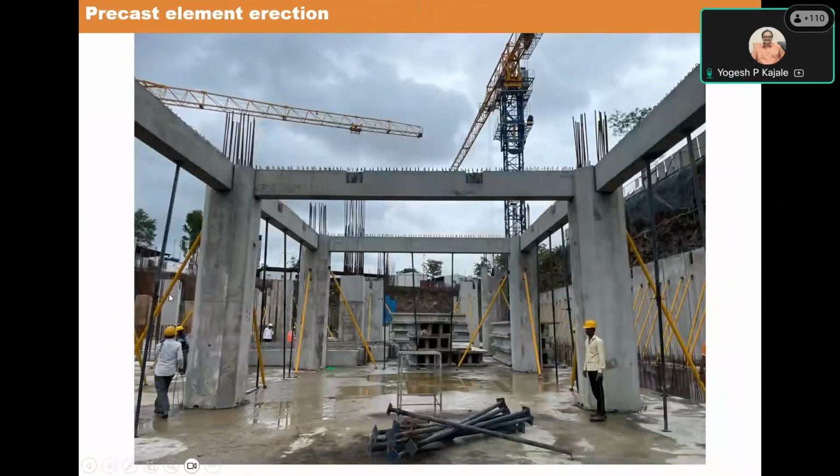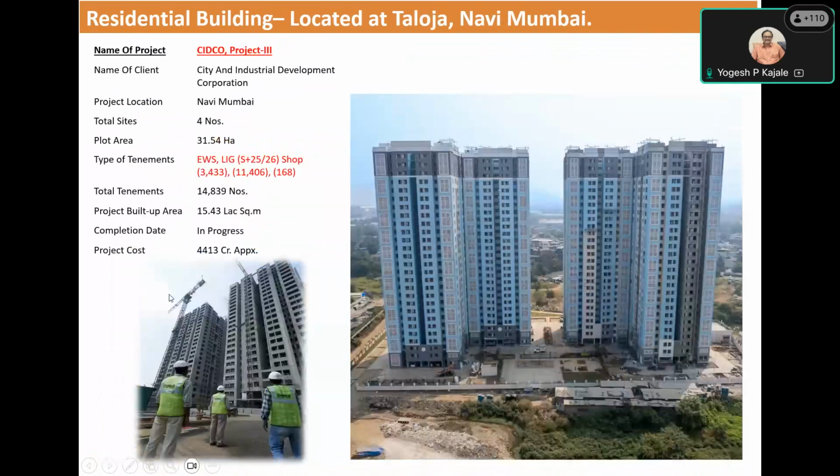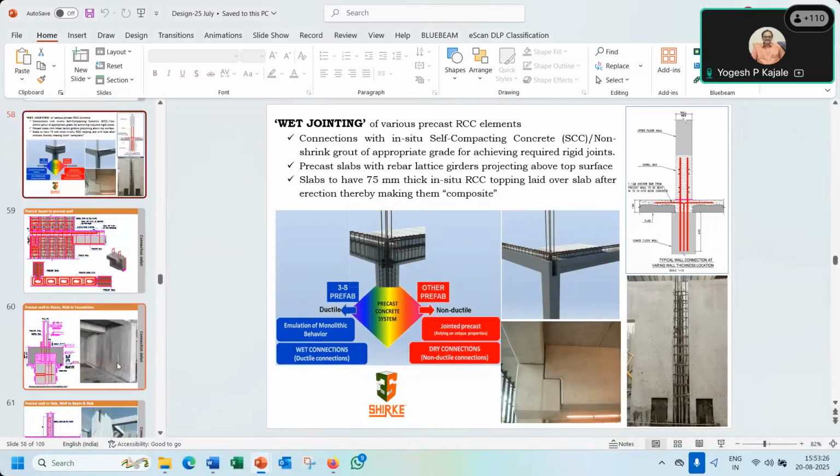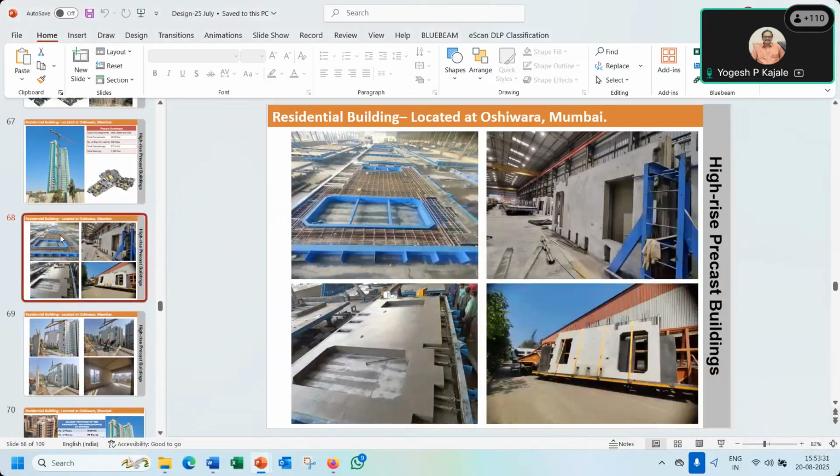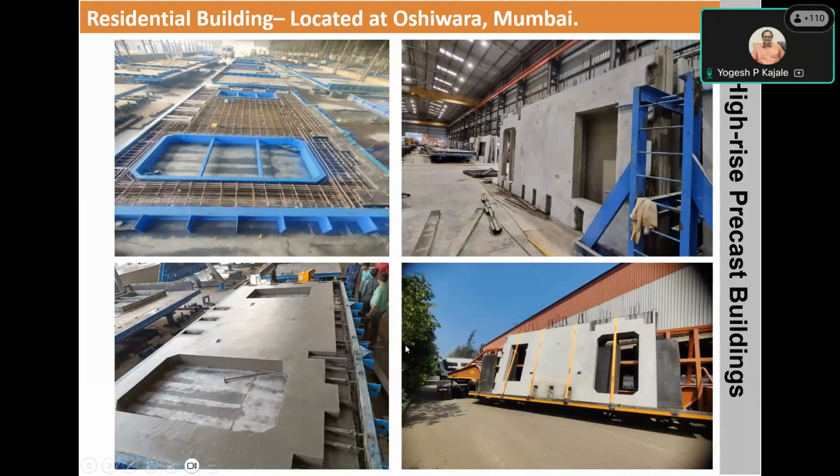Now, any shape or any size of element can be cast simply by changing the location of the side shutter. So it's possible that non-repetitive flats can also be constructed. The only thing will be that there could be some cost addition if the repetitions are not there.